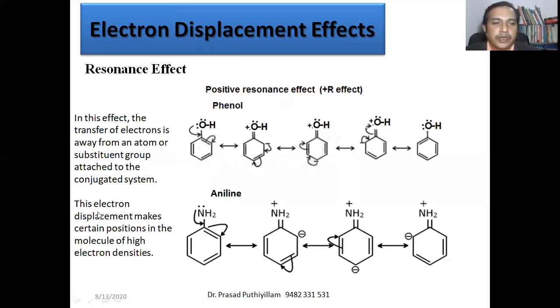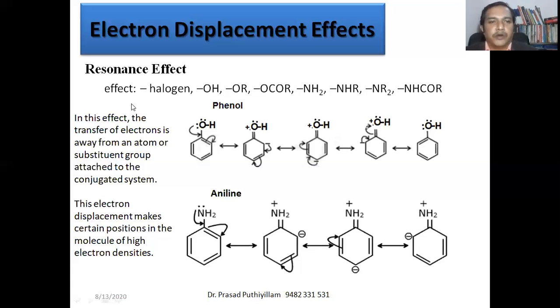This electron displacement makes certain positions in the molecule high in electron density. We see in the example that the carbon atom gets a negative charge in case of phenol as well as in case of NH2. In a few cases we can see there is a high electron density.